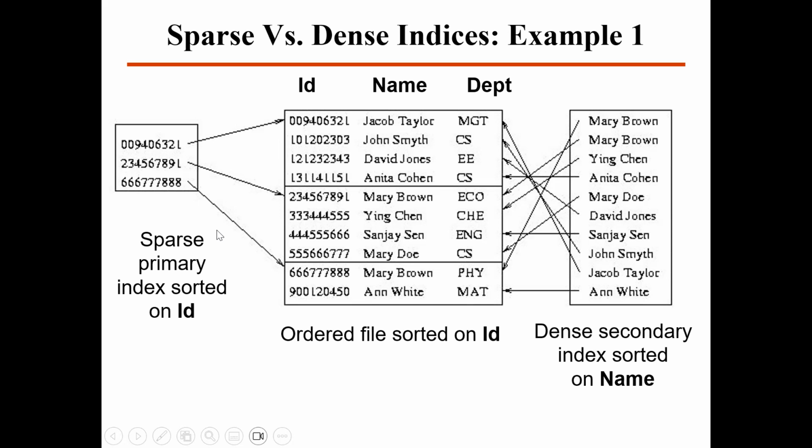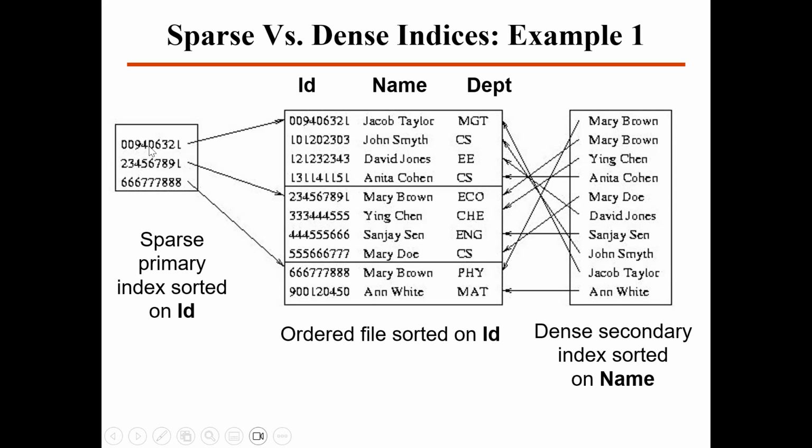Now the opposite of it is a secondary index. We said that on a single table we can have more than one index, right? So here, one index we made, the primary index, by creating an index on the arranged or sorted IDs.